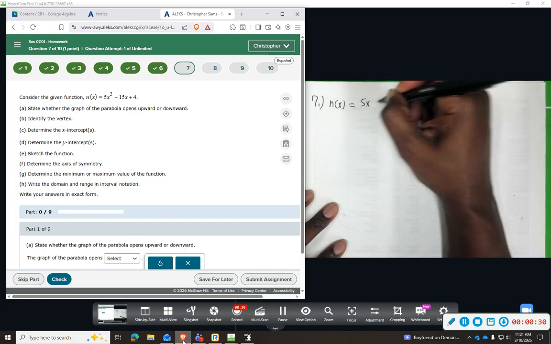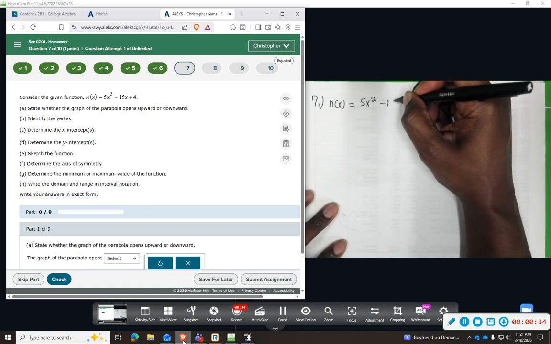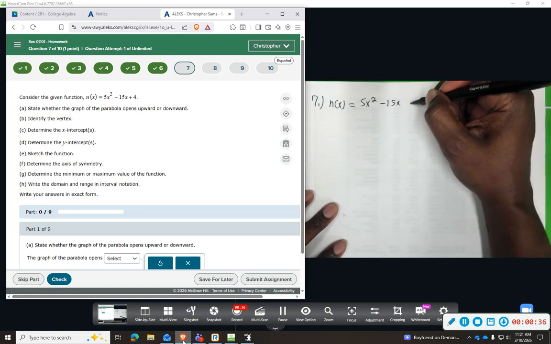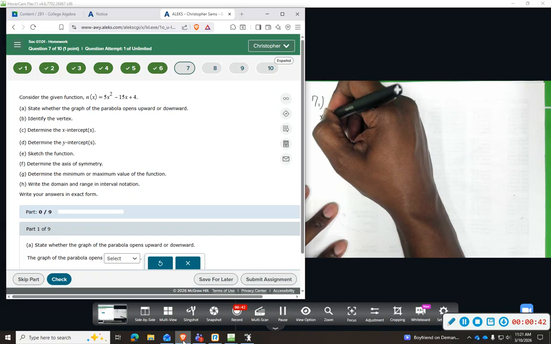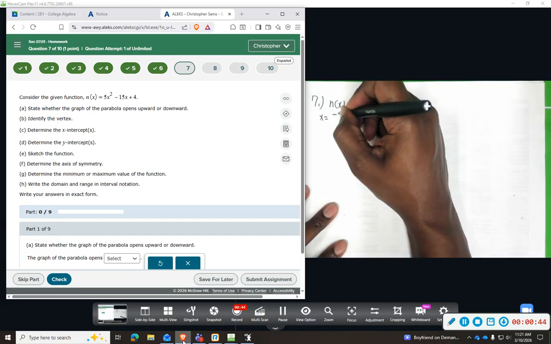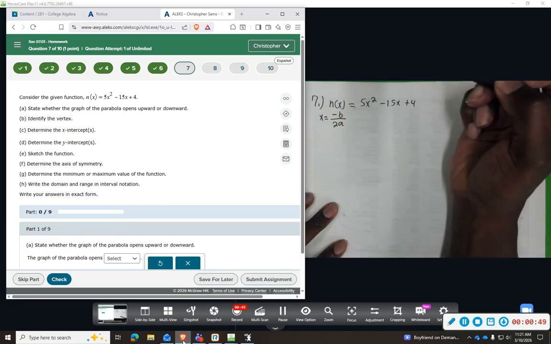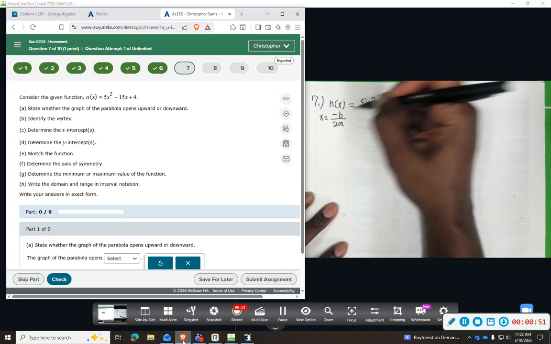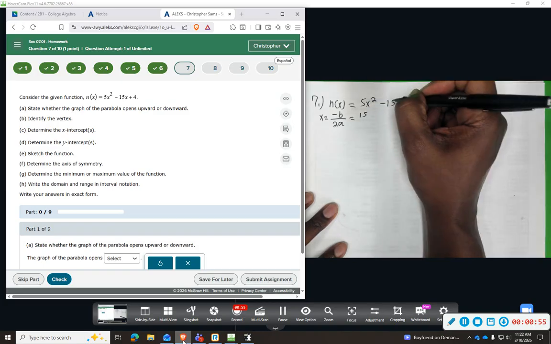We're just going to use the formula. So we have 5x squared minus 15x plus 4. All right, so we're going to start out with the vertex. So x equals negative b divided by 2a. That's going to be opposite of negative 15, which will give me a positive 15.